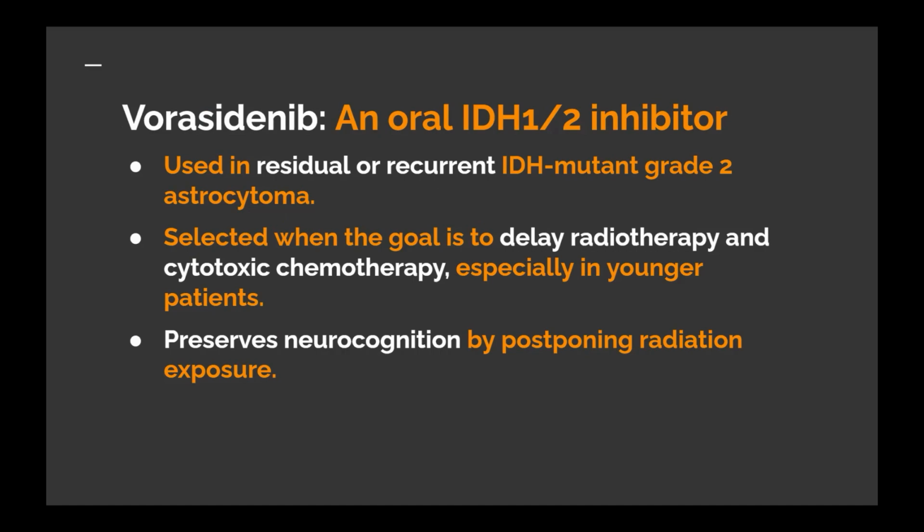Or, for example, you have operated on a patient who developed some complications like delayed wound healing or flap necrosis, and in these patients you cannot directly move towards radiotherapy or chemotherapy. This group can benefit a lot from vorasidenib because it is going to hold the tumor static and also slightly decrease the tumor load. So it preserves neurocognition and it serves as a temporizing measure while the patient is waiting for chemo and radiotherapy.